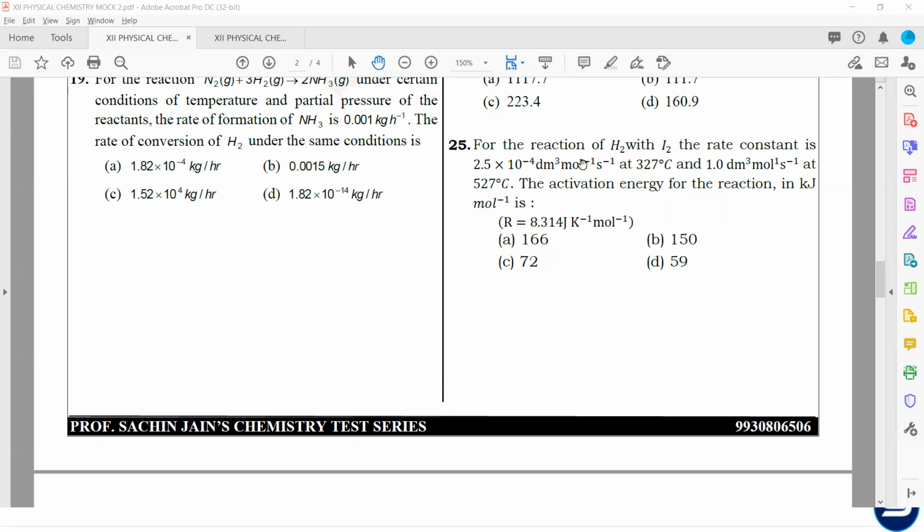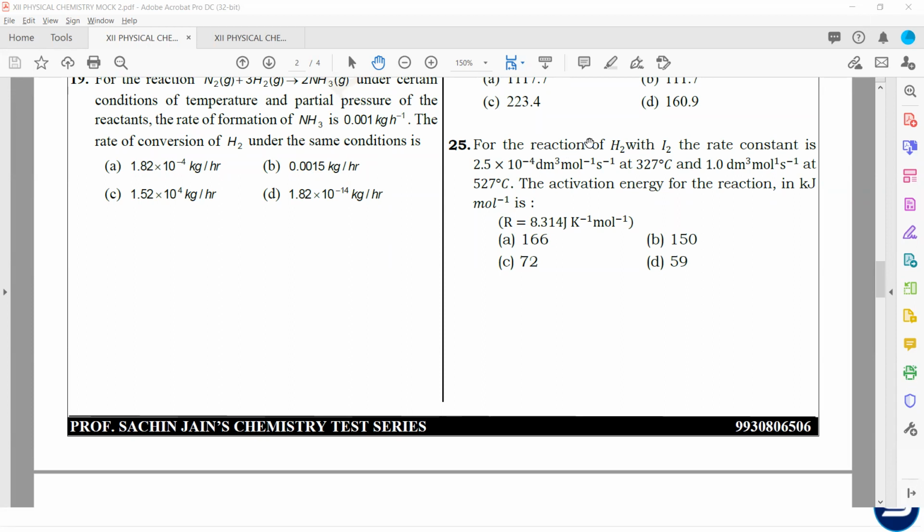So dm³ mol⁻¹ s⁻¹ is which order? Second order. Because for nth order, the unit is molar raised to 1 minus n, second inverse. So this is second order. That would be one of the types of question asked.